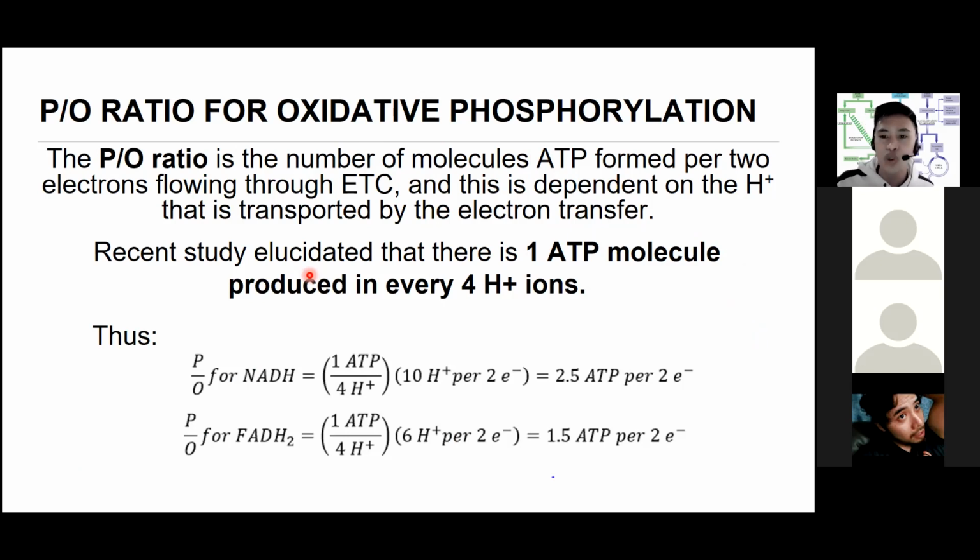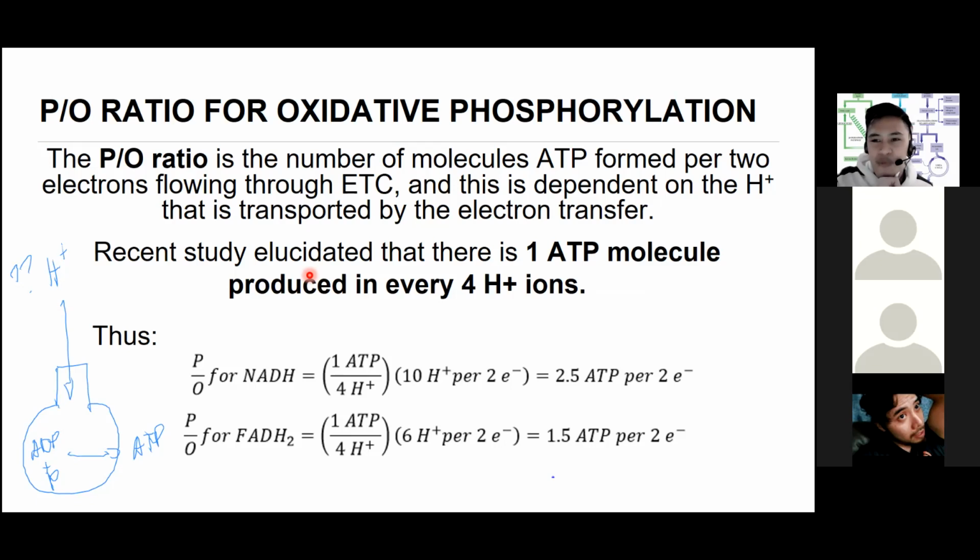According to studies, with the ATP synthase, every rotation of the ATP synthase causes the production of your ATP. The question is, how many hydrogen ions need to enter the ATP synthase in order for it to rotate?